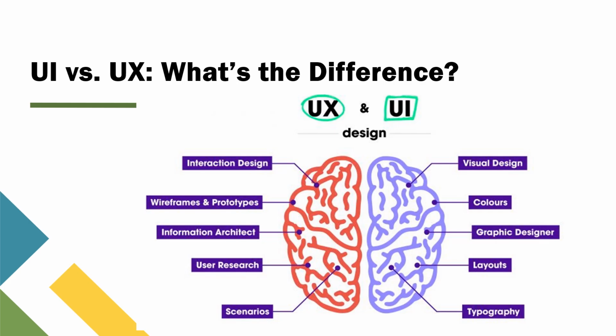UI, or user interface, is the point of interaction a person has with, say, a digital device, an app, or a website. UI design is strictly a digital practice meant to lead a person visually through a device or an app interface.